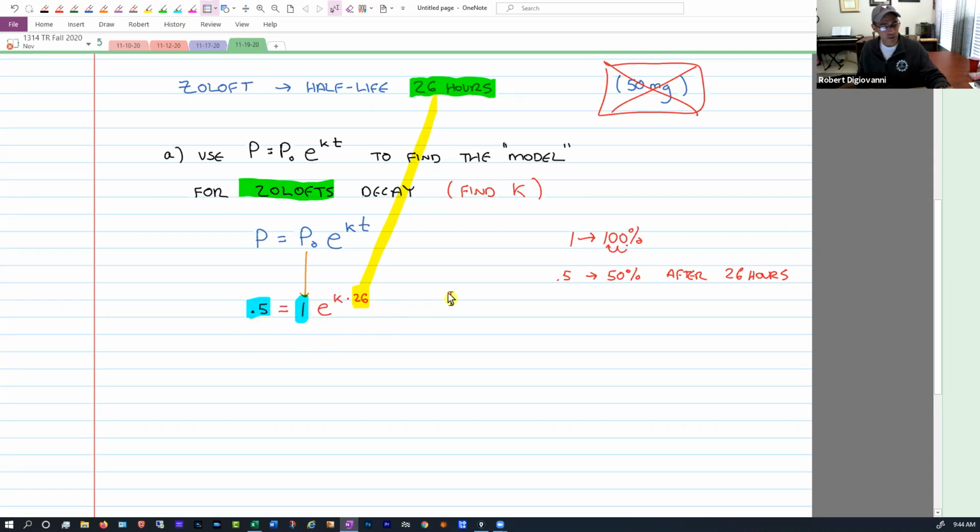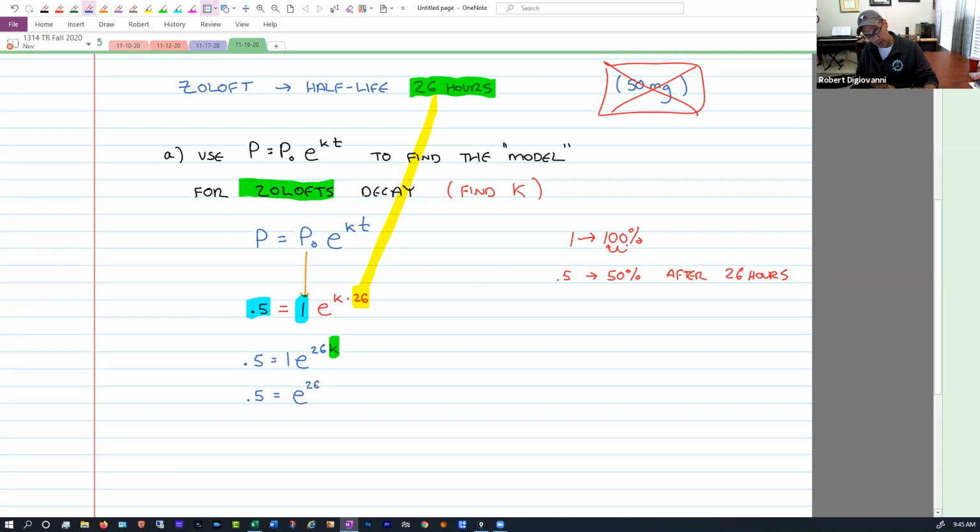Do you all see that this equation that we have here is an exponential equation? In other words, we only need to solve for K. K is the only variable here, and that's up in a power, so we need to get it out of there. Now, there's some good news: this 1 in front of the E, we can ignore it because 1 times that is just itself.